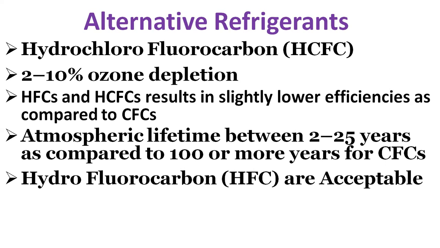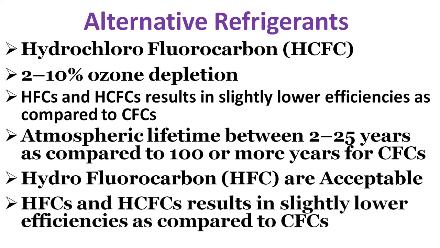HCFCs have 2 to 10% ozone depletion potential as compared to CFCs and also have an atmospheric lifetime between 2 to 25 years as compared to 100 or more years for CFCs. However, even HCFCs are mandated to be phased out very soon, and only chlorine-free, zero ozone depletion HFCs would be acceptable.